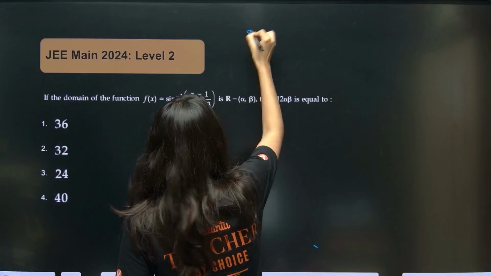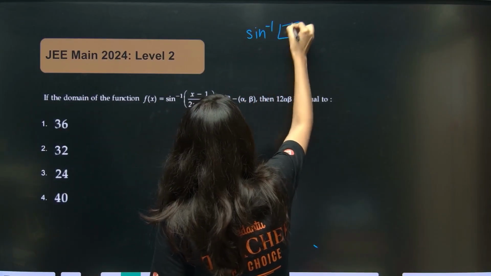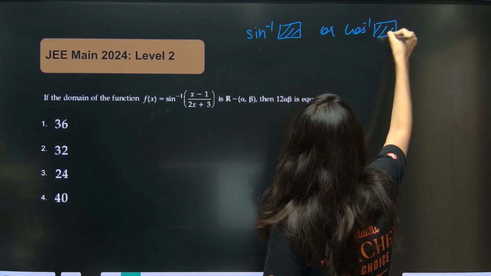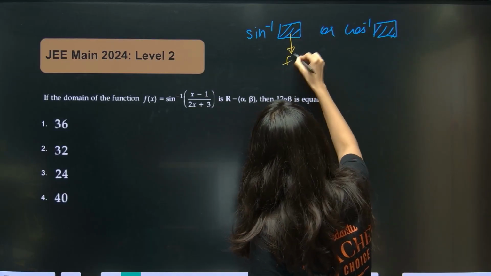So whenever you see sine inverse of something or cos inverse of something, let's assume that something is your f of x.